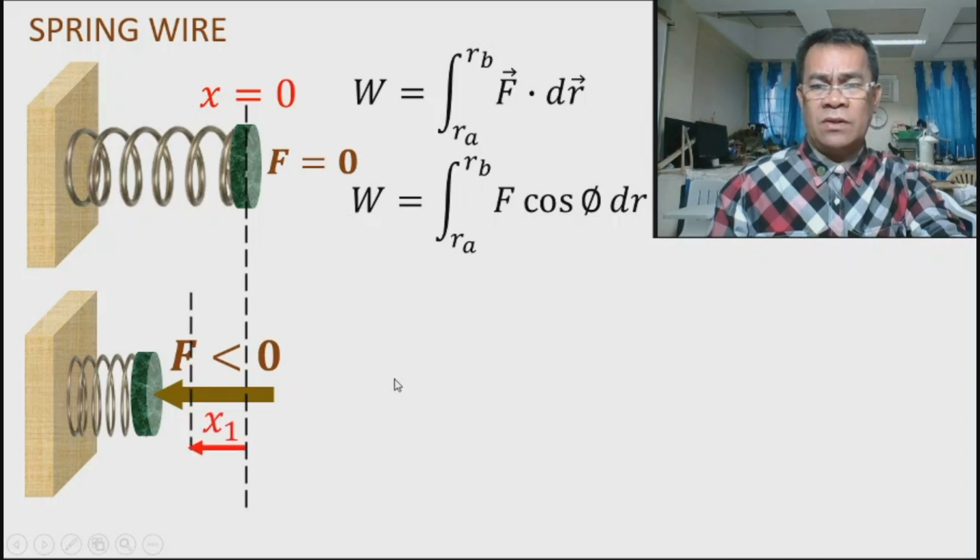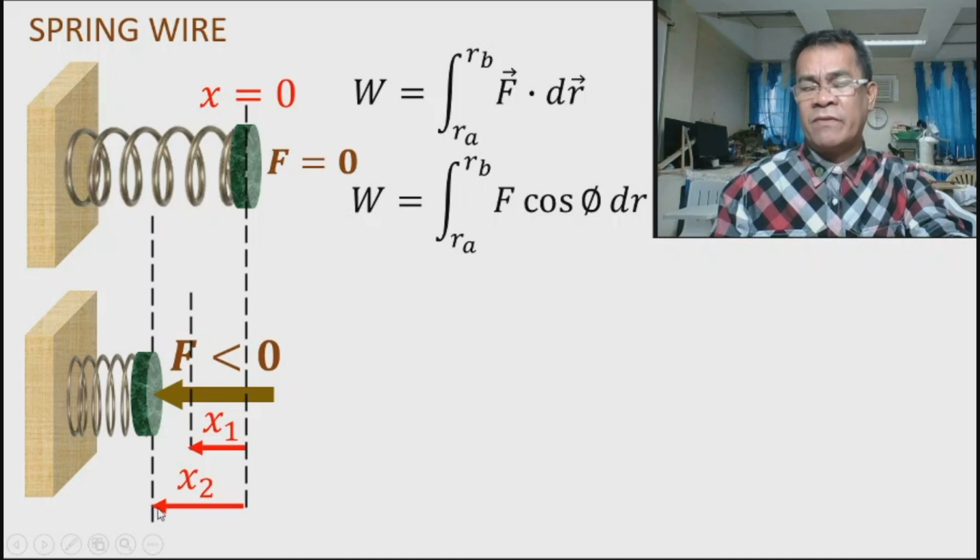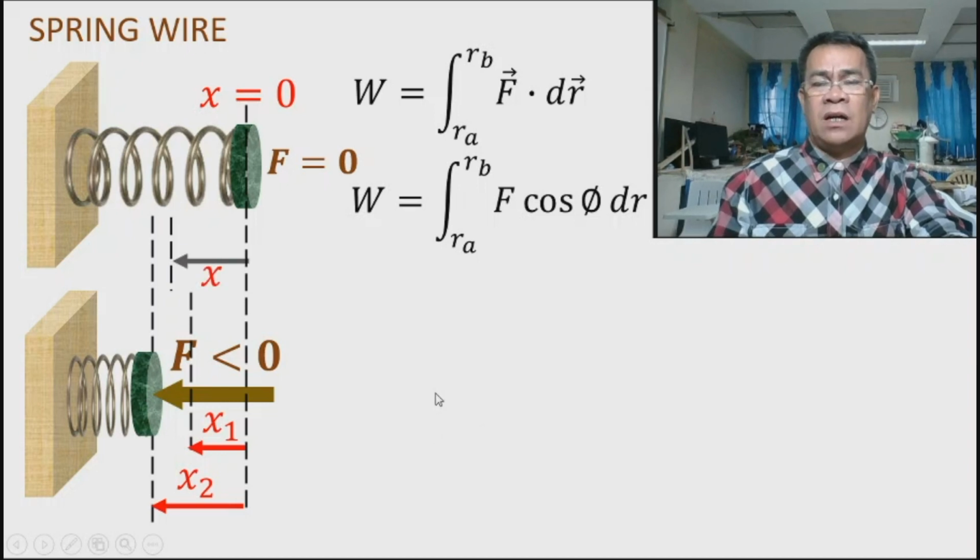Suppose we compress the spring. Suppose initially this is the location of the object or spring. Then after applying a force, it was displaced, and this will serve as our final position. So it starts from x1 and ends up at x2.